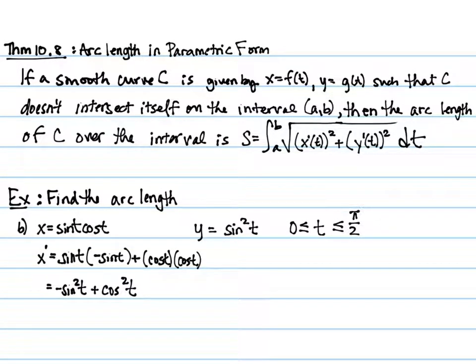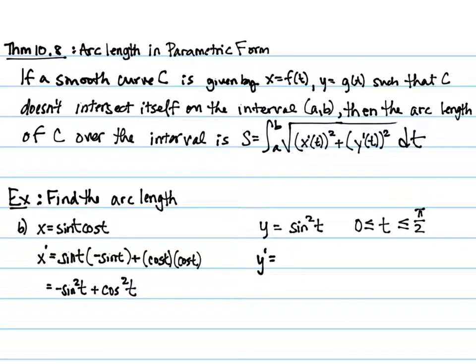All right, so that one is x. Let me shift this over a little bit more, and we'll do y now. So what's the derivative of y? Yeah, 2 sine t cosine t. Okay, are those okay?